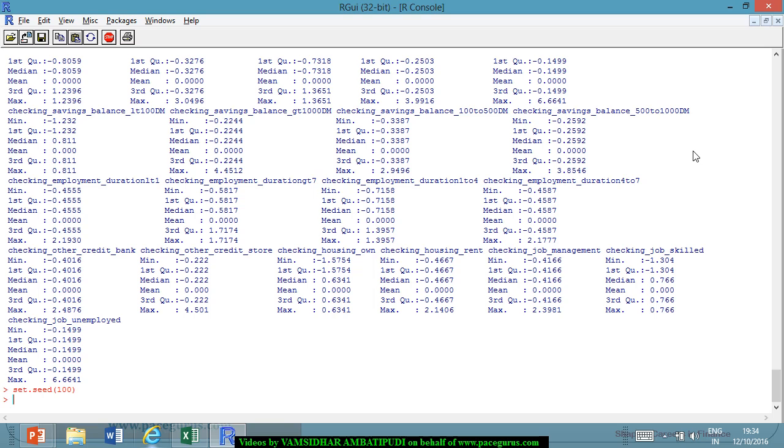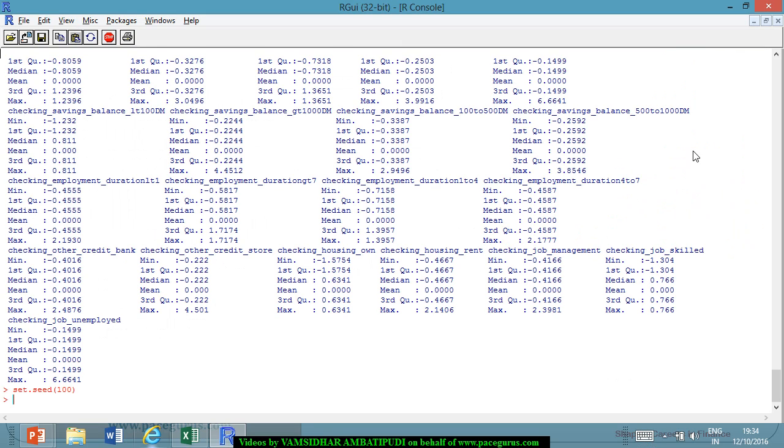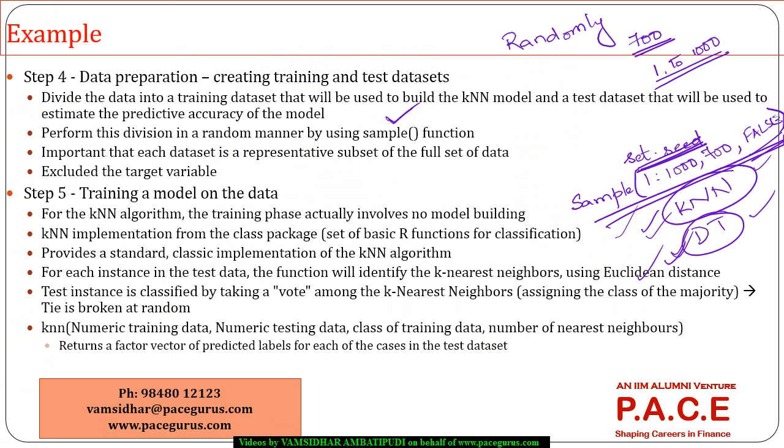Otherwise it would take a random seed, but because we have set the seed as 100, the random numbers would be computed based on this. So for this algorithm I would use the seed 100. Even tomorrow when I do it for decision tree, I would use the same seed of 100, so that the same 700 random numbers would be generated. The same 700 would be taken as part of my training data set as well.